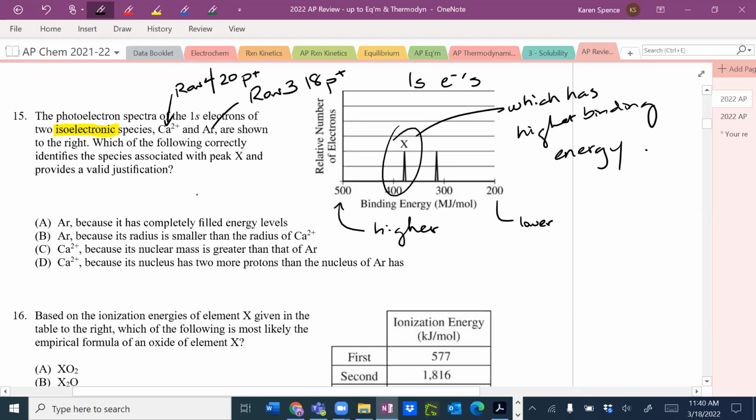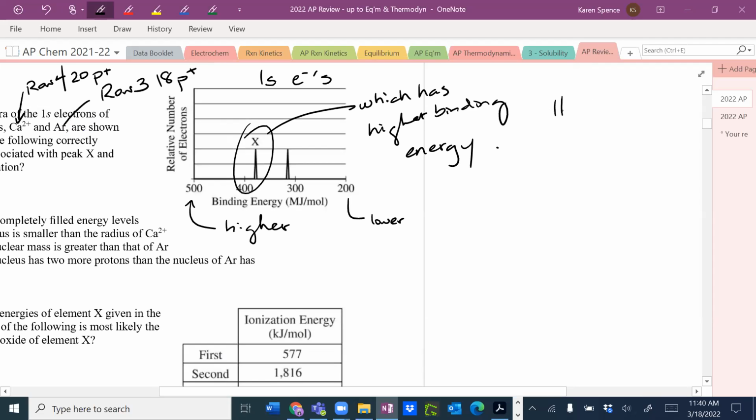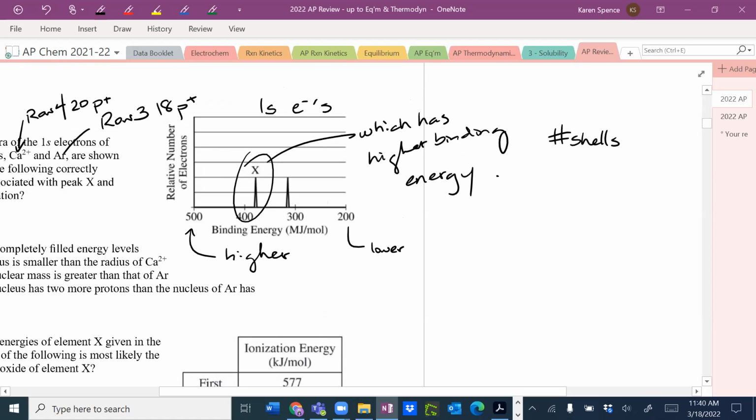And remember, it's going to come down to either the number of shells, but because we have the calcium 2+ ion, and it is isoelectronic, the number of shells is the same, okay? Although it has 20 protons, it only has 18 electrons, just like argon, which has 18 electrons.